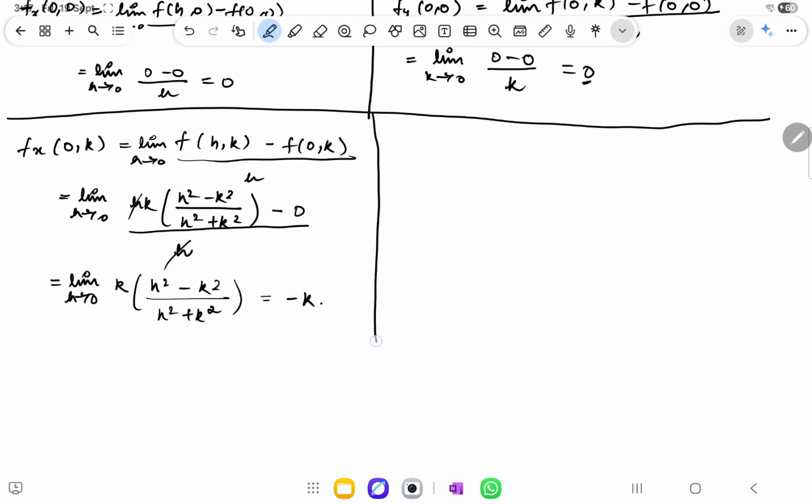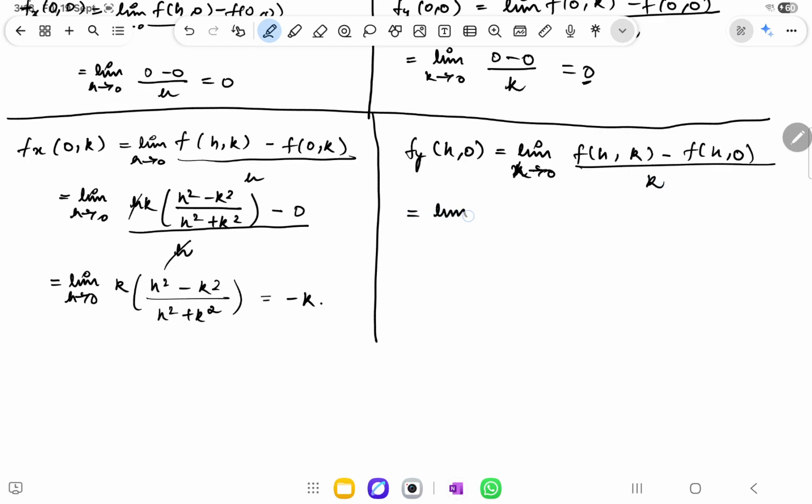Likewise, let us calculate the limit of fy at (h, 0). This will be basically equal to the limit as k approaches 0 of [f(h, k) − f(h, 0)] divided by k, which is the limit of hk(h² − k²) divided by (h² + k²), minus f(h, 0) which is 0, divided by k.